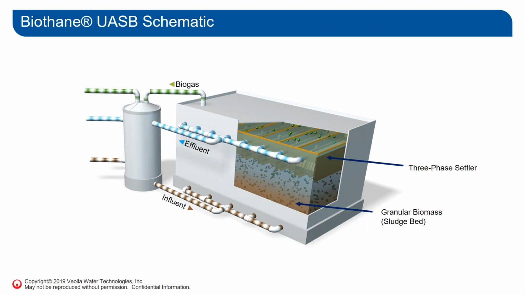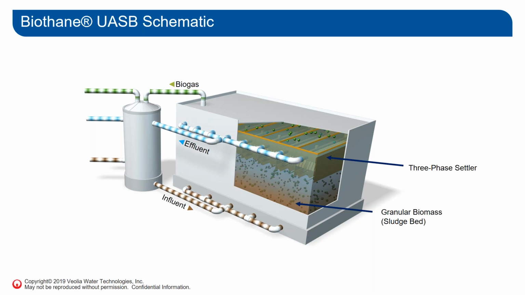So this is the UASB system, which contains this granular biomass that settles very well and sits on the bottom of this upflow system. So on this picture you see we take the wastewater and we distribute it on the floor of the reactor, and we get a good intimate contact of wastewater with this granular sludge.